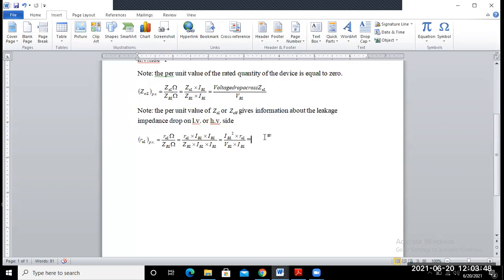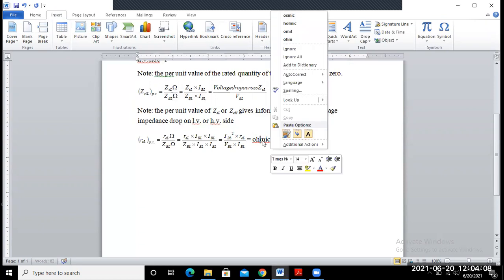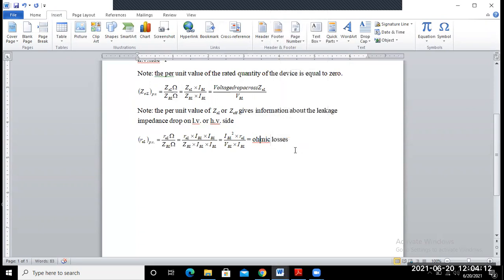So ohmic losses at rated current divided by rated volt ampere.